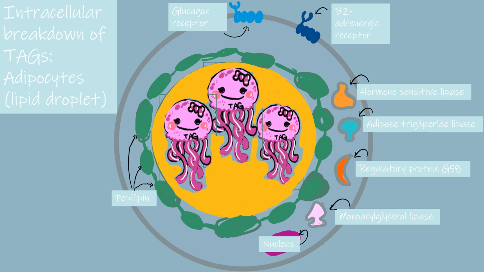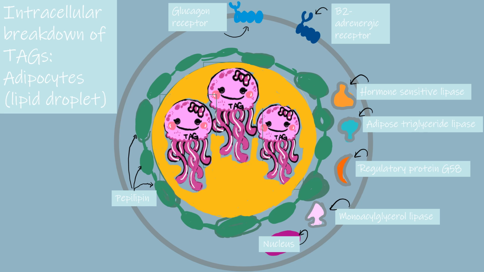So we have here our hormone sensitive lipase, our adipose triglyceride lipase, our regulatory protein G58, and monoacylglycerol lipase in our nucleus. And then above, we have a glucagon receptor, which is our light blue.